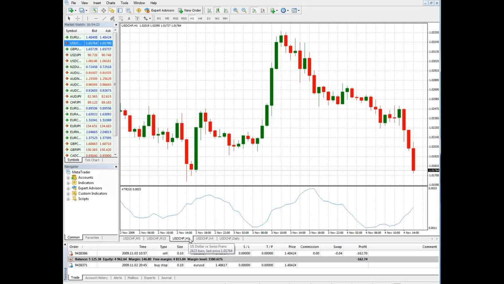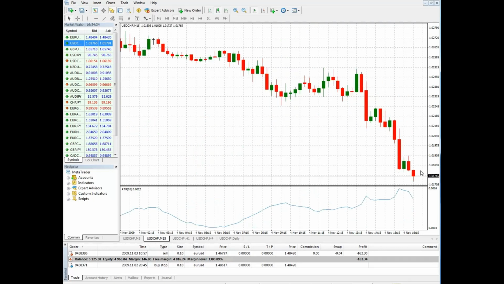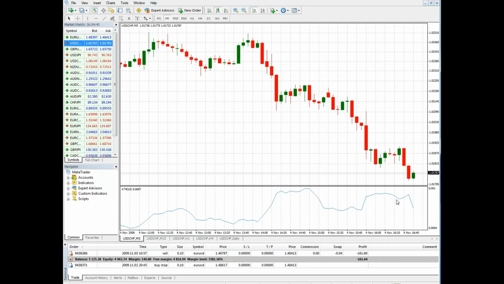Top down trading. The 1 hour chart. Again, getting ready to bounce back down into this particular area. In 15-minute. Five-minute.